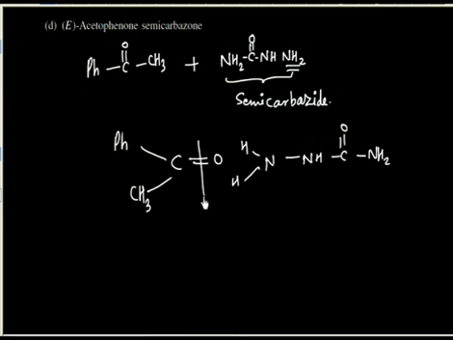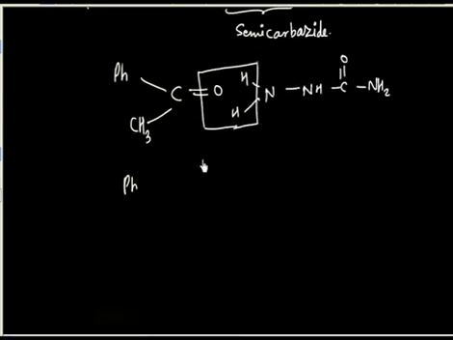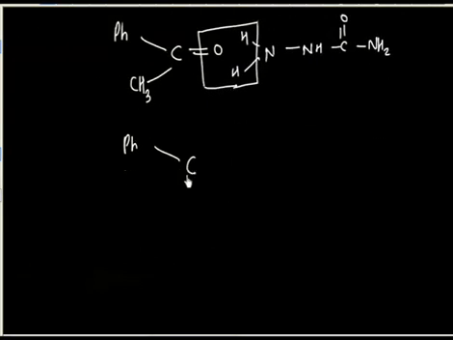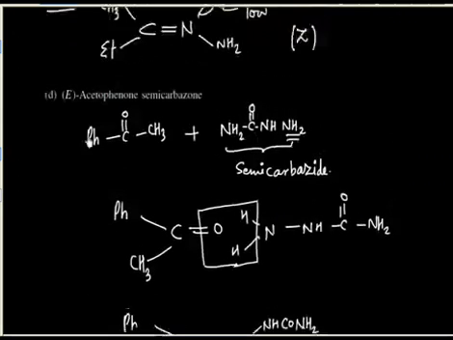If you remove H2O from here, what will be the product in this case? You can write the product. So you will have Ph, CCH3, and then a double bond N, and on one side a lone pair, and on the other side NH, CO, NH2. Now I need Z or E. I need the E isomer.